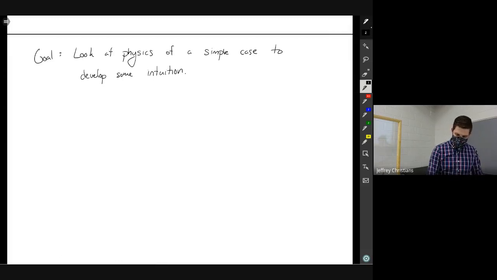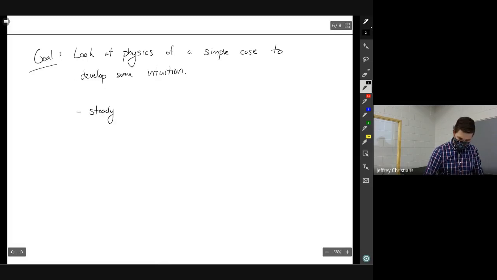The simple case that we're going to look at, same thing. We'll have steady, laminar, incompressible flow. So we're going to have the simplest possible flow.